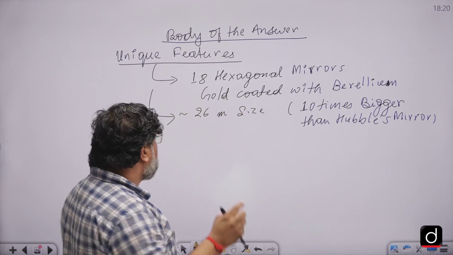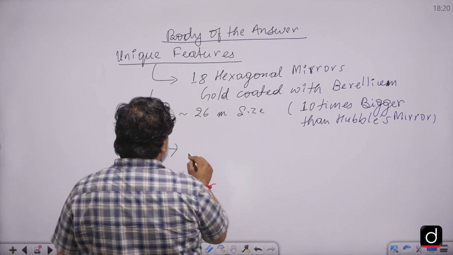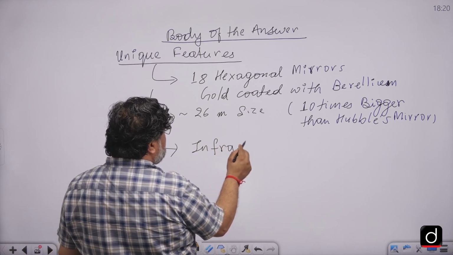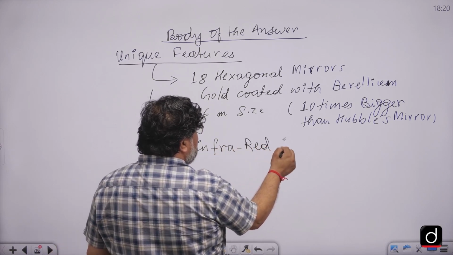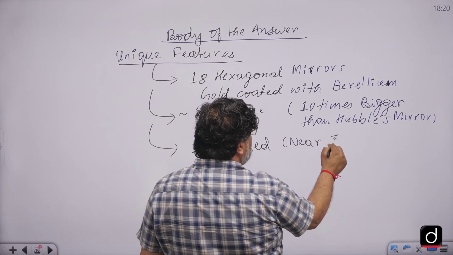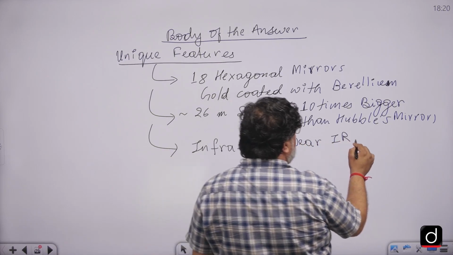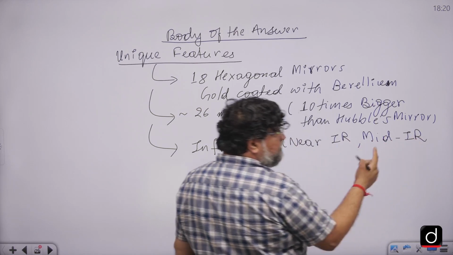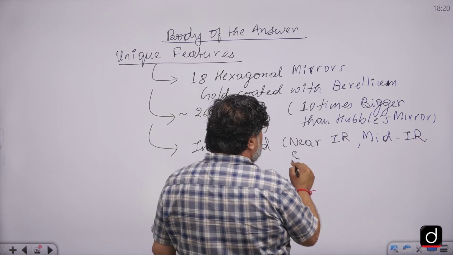Now another very unique feature is that it is for infrared imaging. So near infrared, then mid infrared, the observations it is going to make, and then far infrared.